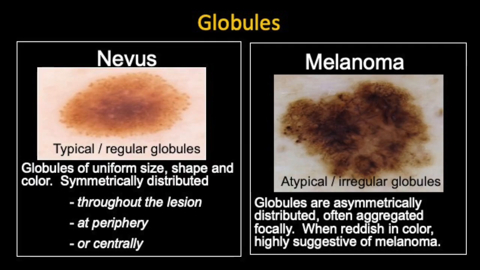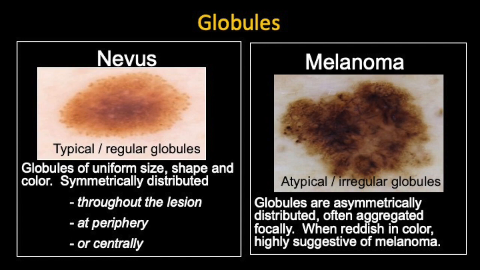So globules throughout the lesion was one of the benign patterns of nevi we spoke about, both the cobblestone and the globular. Two, at the periphery with network in the middle, that was also spoken about in that first-line, step 1 algorithm. Or centrally located with network around, which was another one of the benign nevus patterns. Those are the only three patterns in which globules are considered benign.